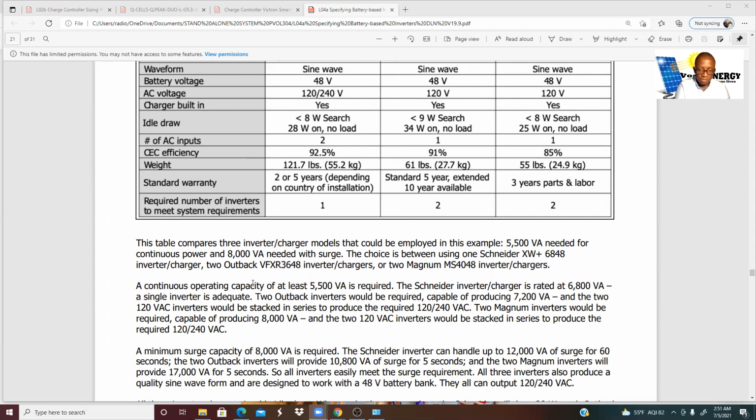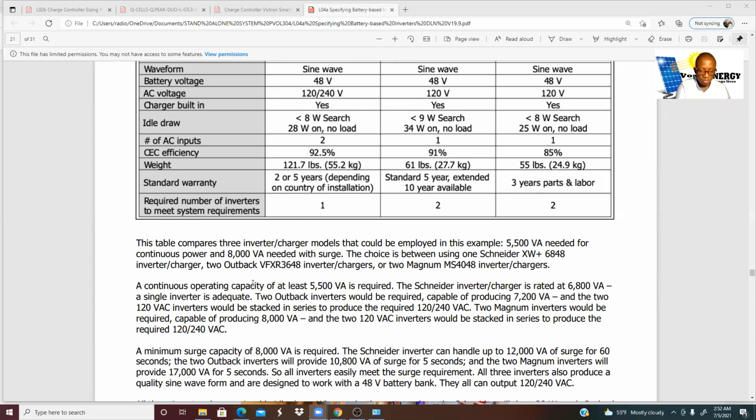The choice is between using one Schneider XW6848 inverter charger, two Outback inverter chargers, or two Magnum inverter chargers. A continuous operating capacity of at least 5,500 VA is required. The Schneider inverter charger is rated at 6,800 VA. A single inverter is adequate.